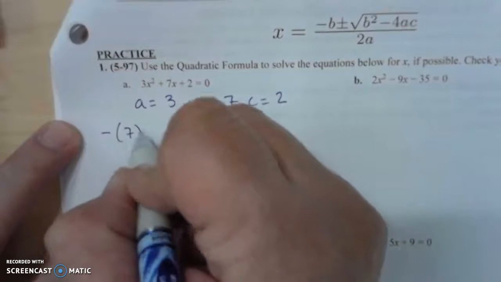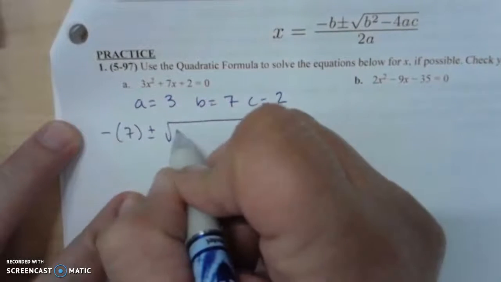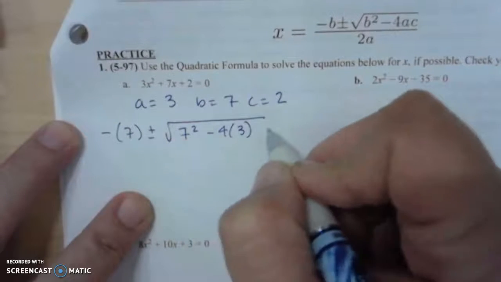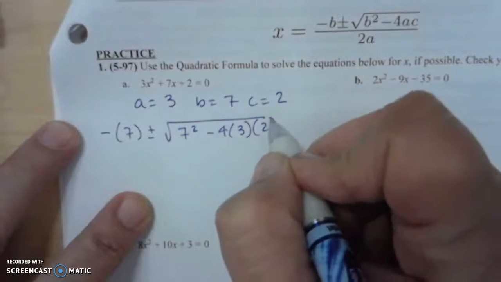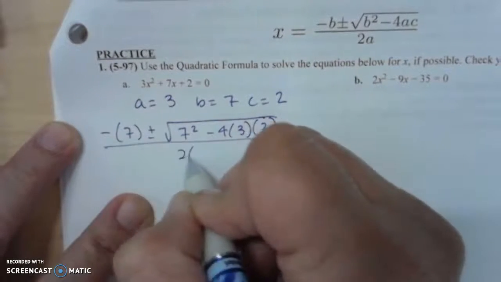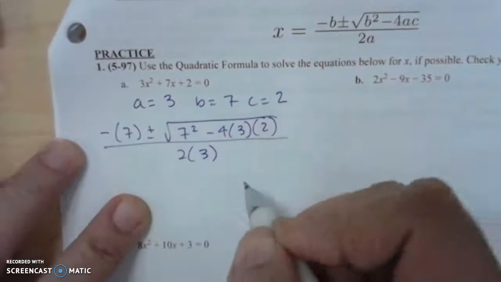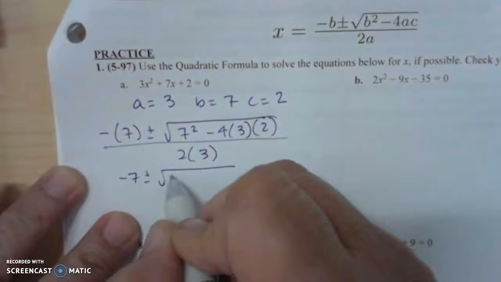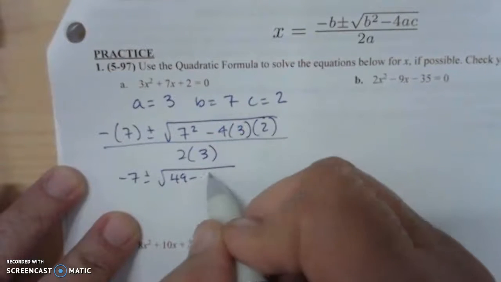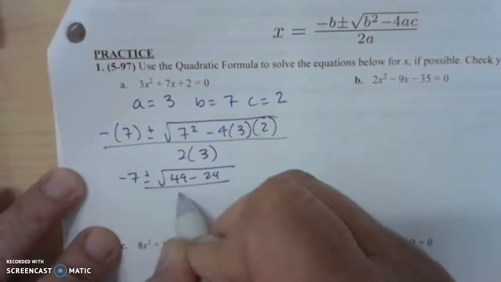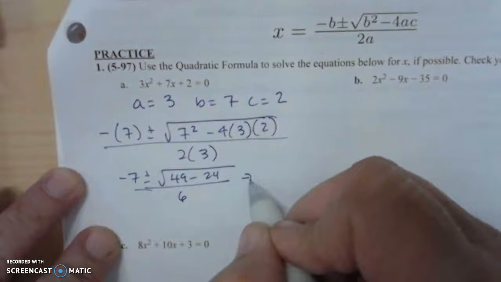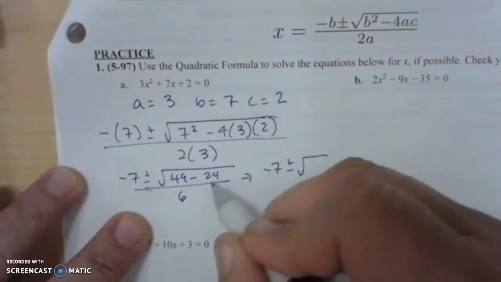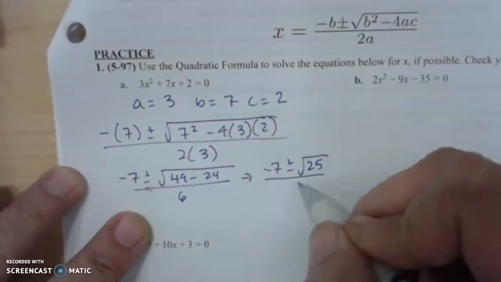Negative B plus or minus the square root of B squared minus 4 times A, which is 3, times C, which is 2, all divided by 2 times A. Right? Let's simplify. Negative 7 plus or minus the square root of 49 minus 24, all over 6. When we simplify that, we get negative 7 plus or minus the square root of 25 all over 6.